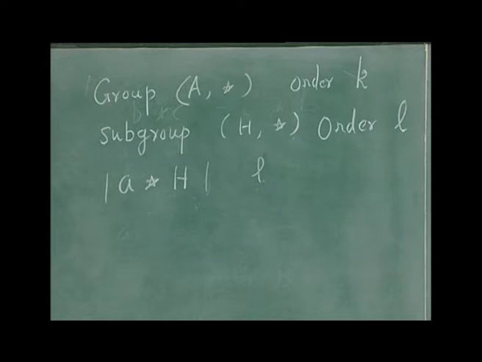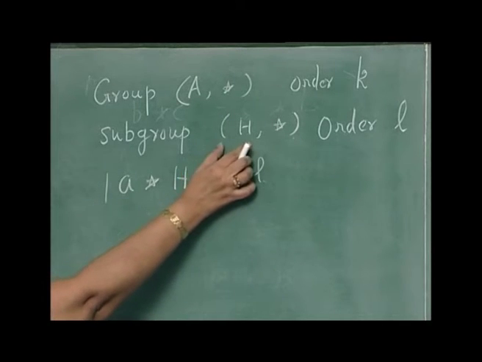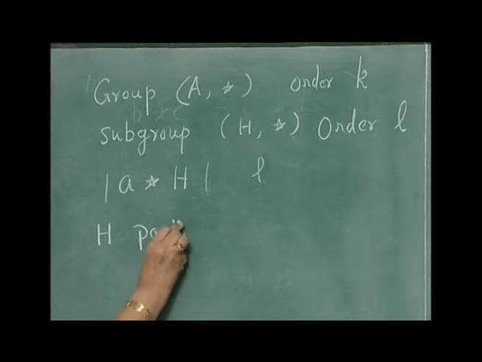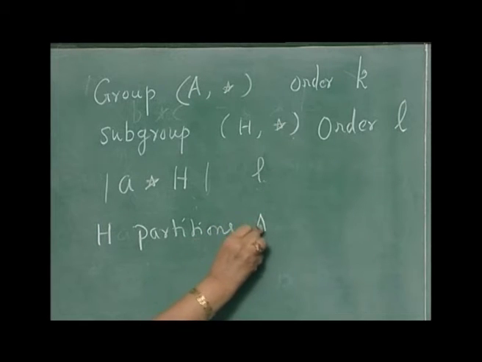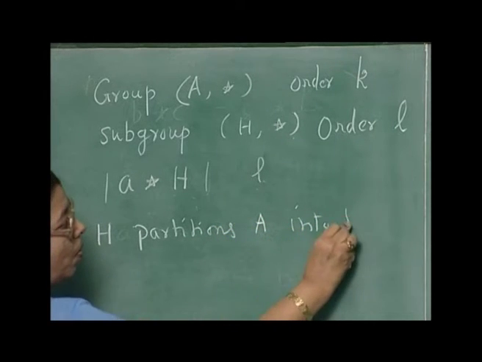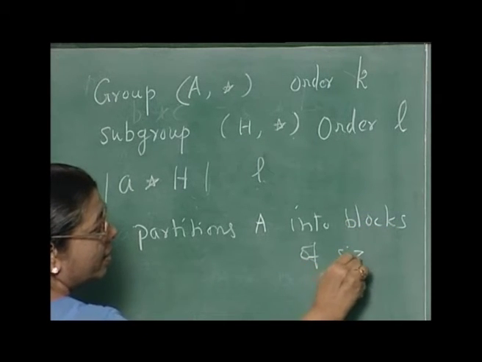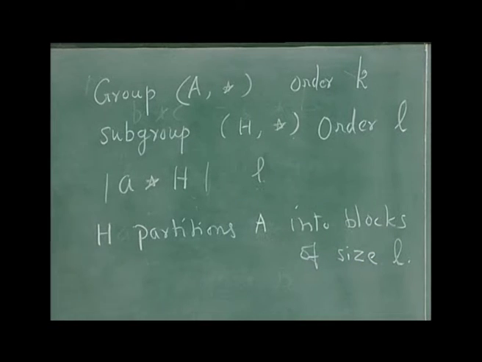We know from the previous result that left cosets are either disjoint or identical. So, what H does is, H partitions A into blocks of size L. Now, one question one may ask is every element of A taken care of?